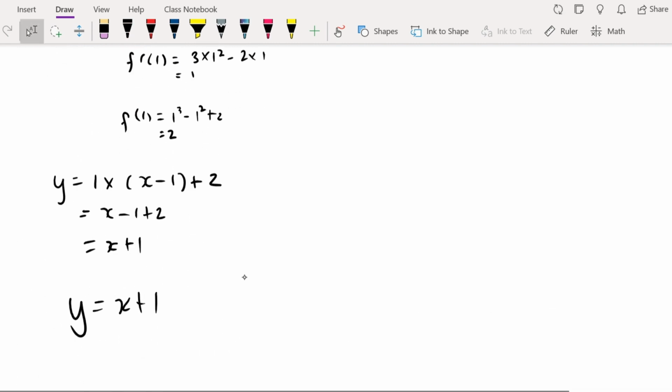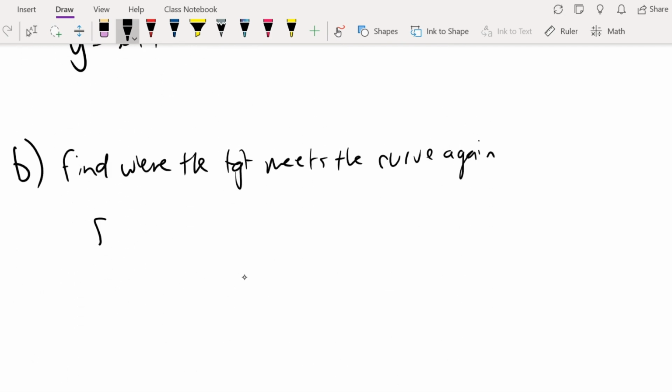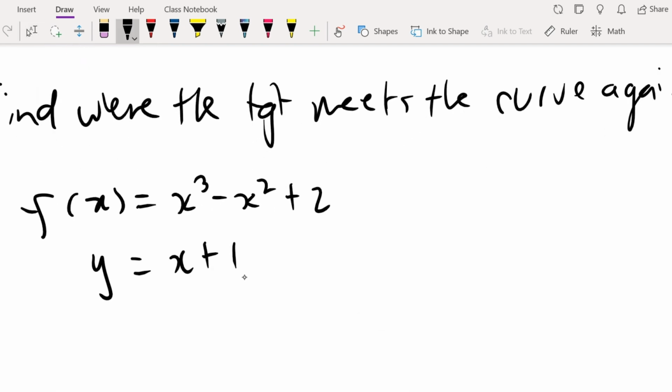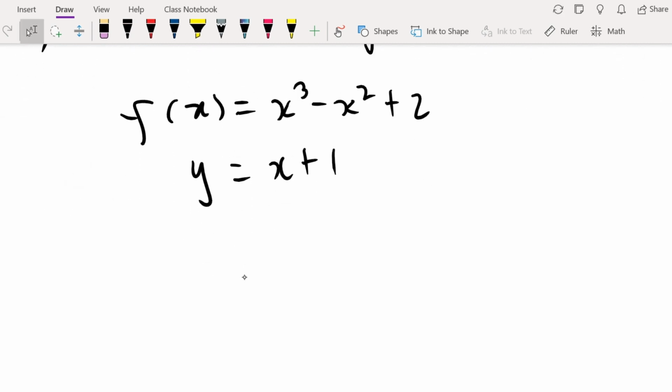So we know y equals x plus 1, and we know f of x equals x cubed take x squared plus 2. If I want to find out where these two equations meet, I'll just sub it in. y and f of x are basically the same thing. So I'd have x plus 1 equals x cubed take x squared plus 2.